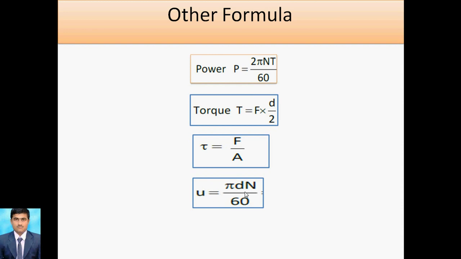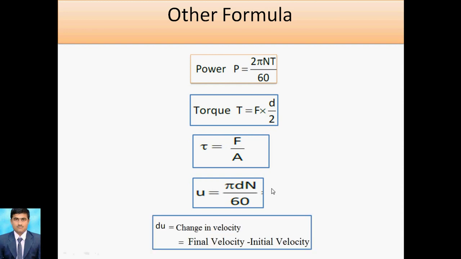Velocity is pi d N by 60, where pi is a constant, d is the diameter, and N is the rpm, which is converted into per second, which is why we divide by 60. For the calculation of du, the change in velocity, we take the final velocity minus the initial velocity. So it is an important formula.